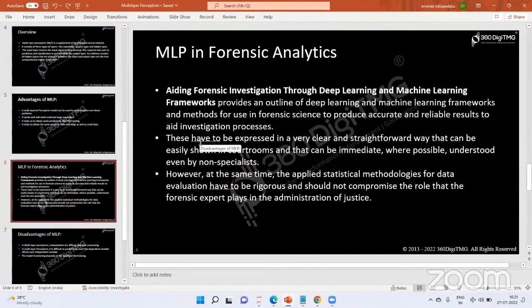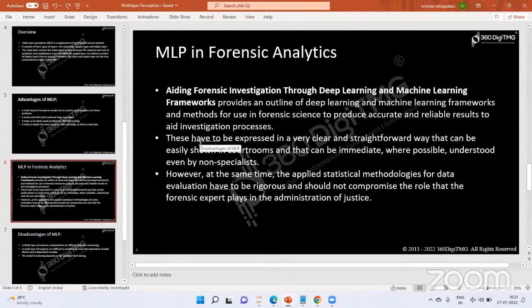Suppose in a particular place some incident has happened, then they may travel some distance, right? Based on the distance, who is traveling at that particular time, and who reached the particular spot nearby, it is by image processing. So we can identify the pictures of the persons who were involved in such incidents. That is one benefit.